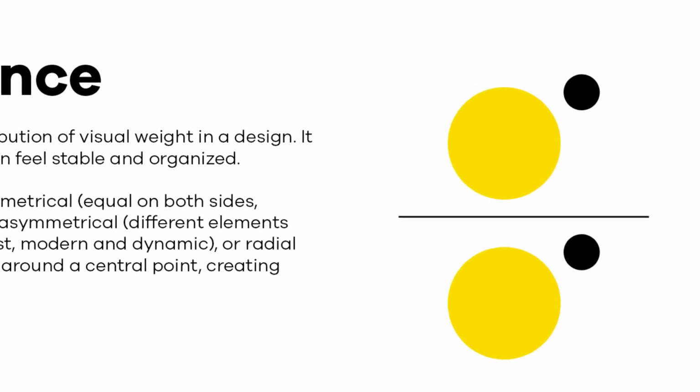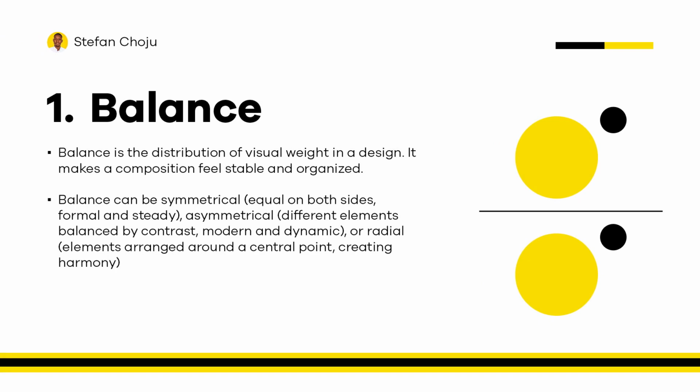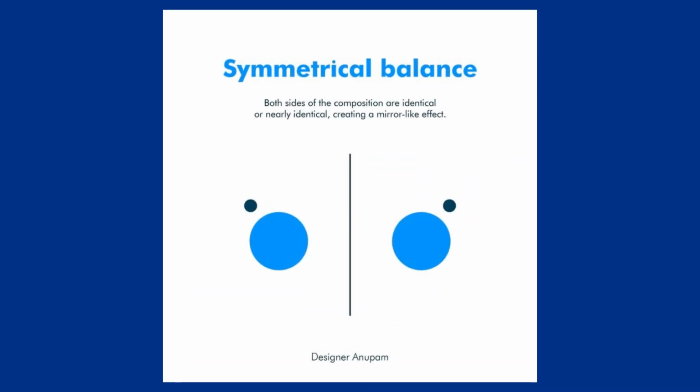Now we have different types of balance. We have symmetrical balance, which is basically when there's equality on both sides. If you take a look at this image, I got this image from designer Anopam, by the way.